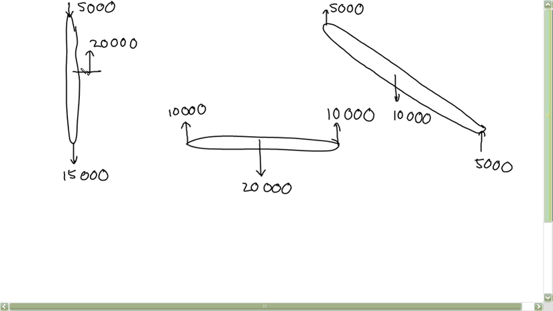You have a force in one direction on one member, equal and opposite on the other member. Here, the negative 5,000, positive 5,000. Here, the 10,000 up, 10,000 down. Okay, those are the pairs.